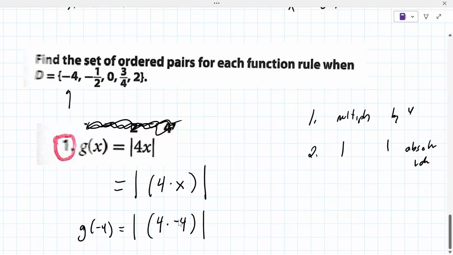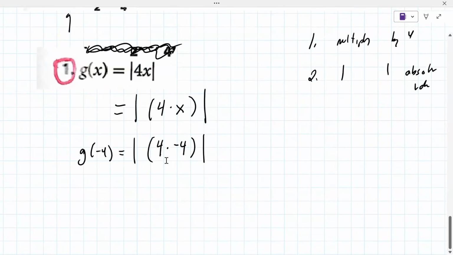Is that okay so far? Yeah. All right, so we're first going to multiply 4 times -4, which is -16, and then take the absolute value of it. Do you remember what absolute value does for a negative number?